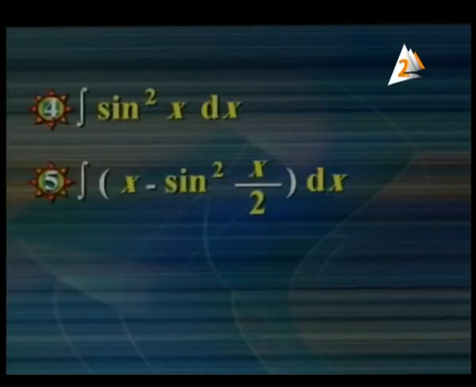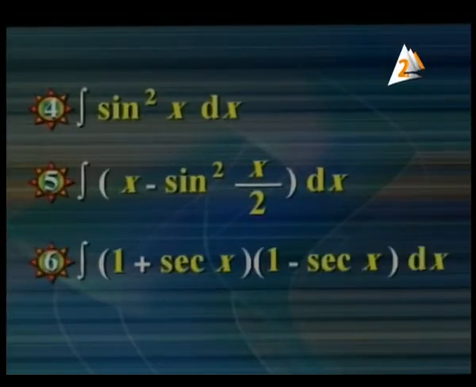Number 4, what is the integration of sine square x dx? Number 5, what is the integration of x minus sine square x over 2 dx? Number 6, what is the integration of two brackets? The first bracket contains 1 plus sec x, the second bracket equals 1 minus sec x, with respect to dx?